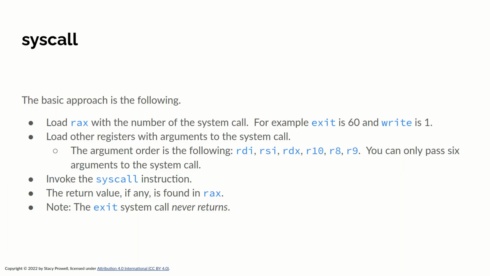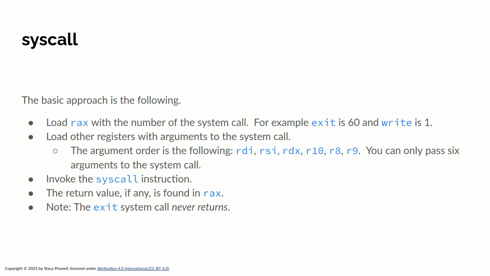All right, so here's how you do a system call. You load RAX with the number of the system call. For example, exit is 60, write is 1, etc. And really there aren't that many, so you don't really load RAX, you load EAX and let the number zero extend into RAX.